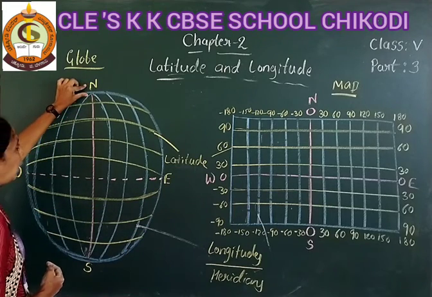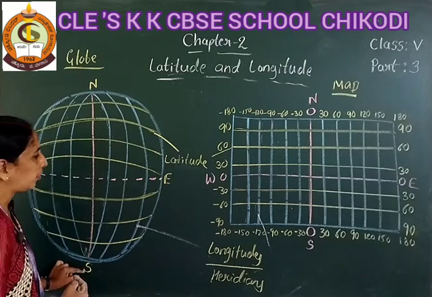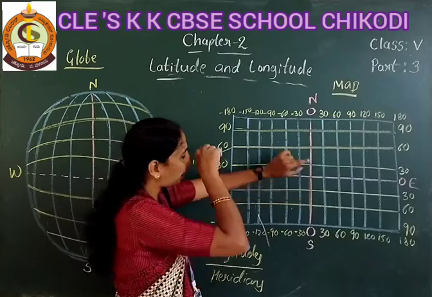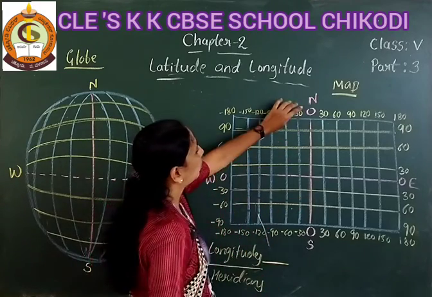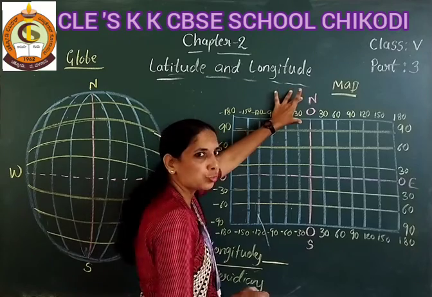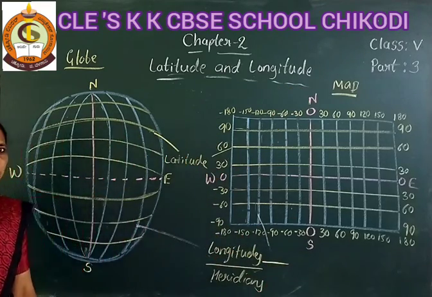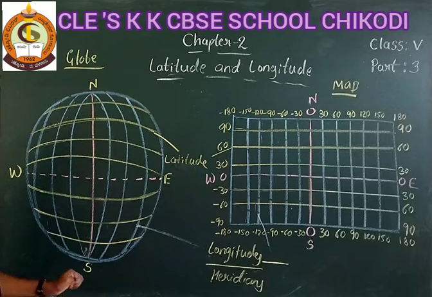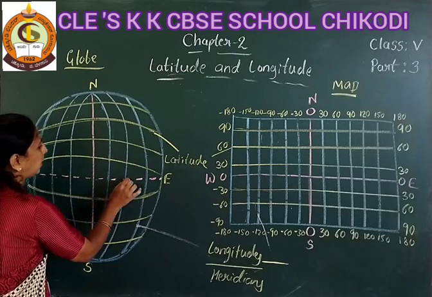It starts at the north pole and it ends at the south pole. See here on the map also, longitudes start at the north pole and end at the south pole. Understood?